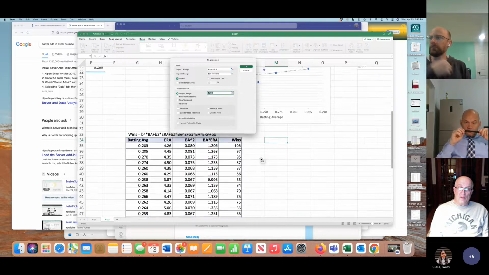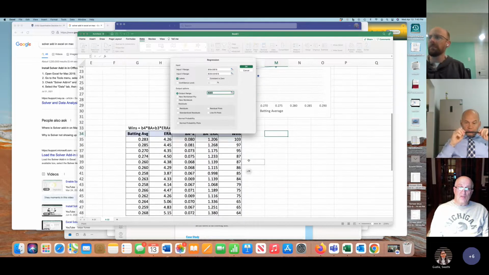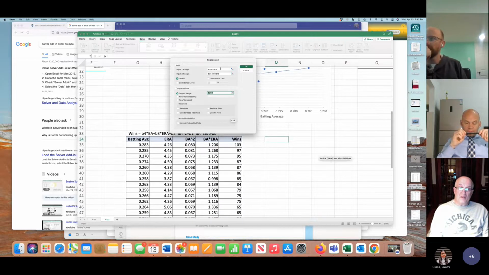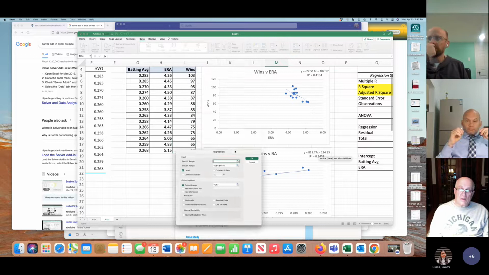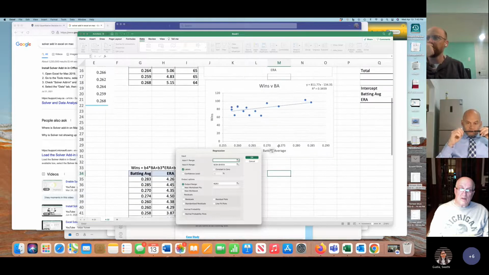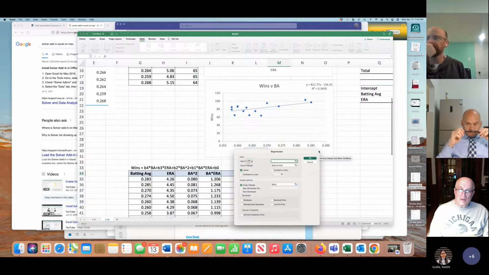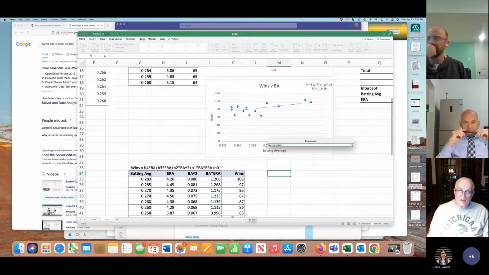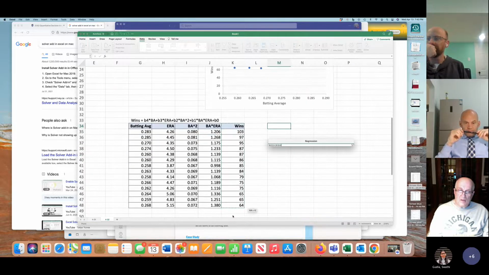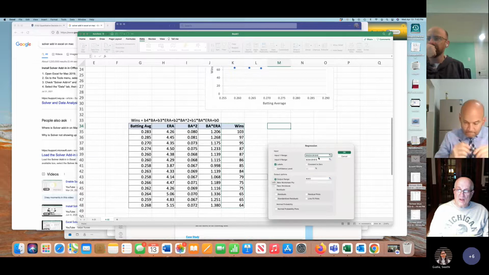And I really want to go back down here. It's going to ask me where my Y data is. Hopefully it will stay there, but I want to do this. There's my Y data.